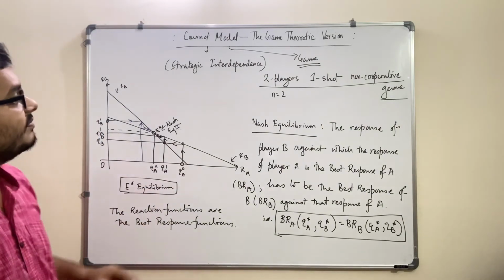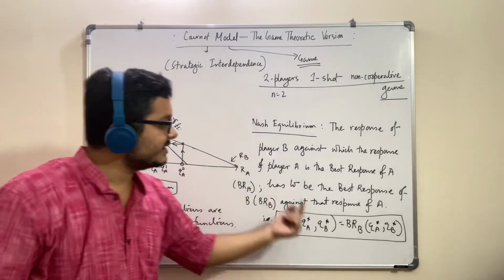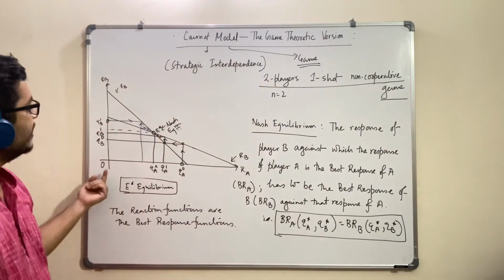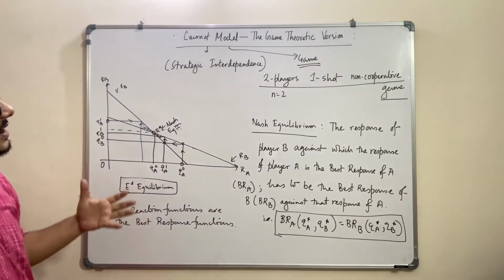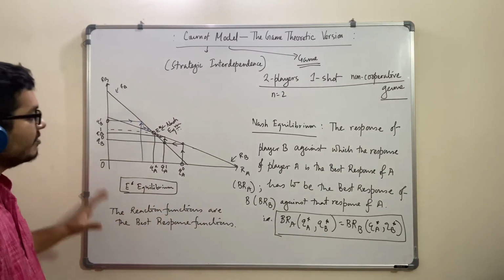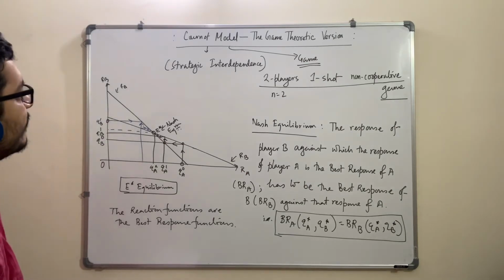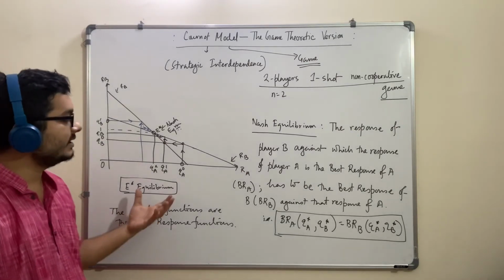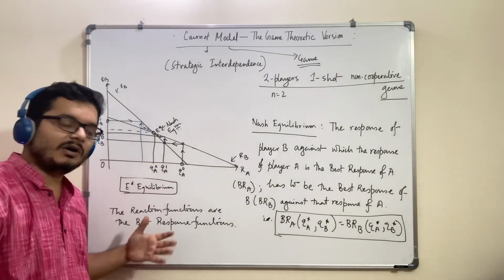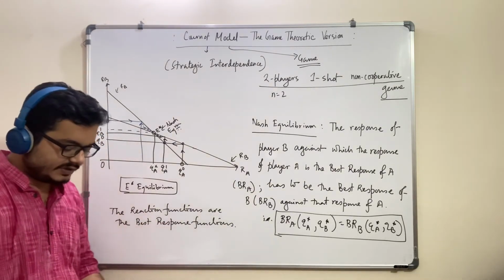The Nash equilibrium of this two-player one-shot non-cooperative game is at the intersection point, and we find that. Okay, so this is the game theory version of the same Cournot model, where our reaction function simply notes the best response of one firm against the output response of the other firm.